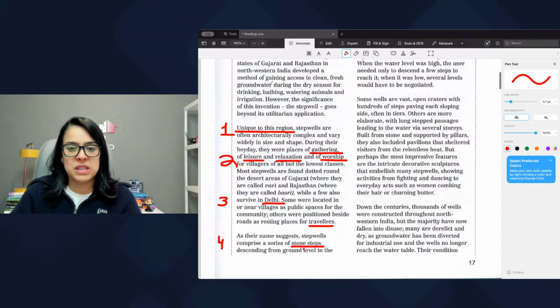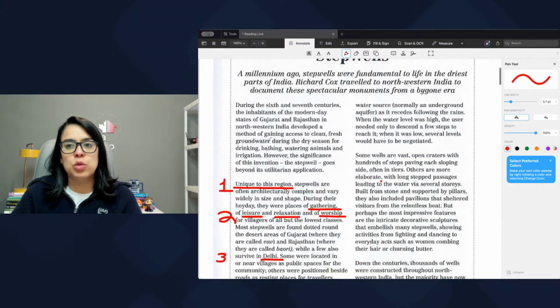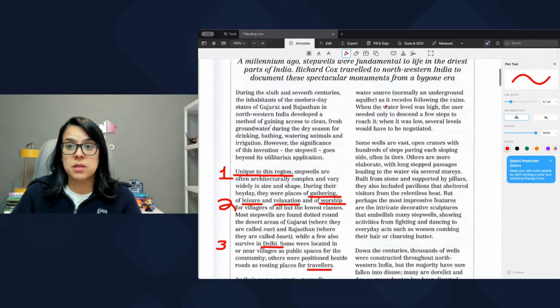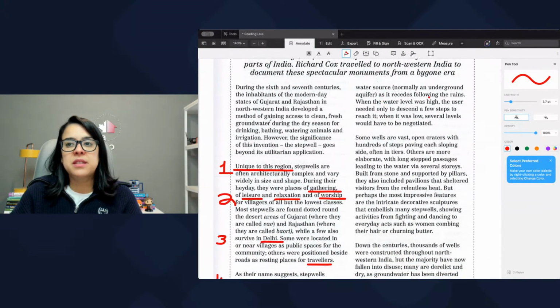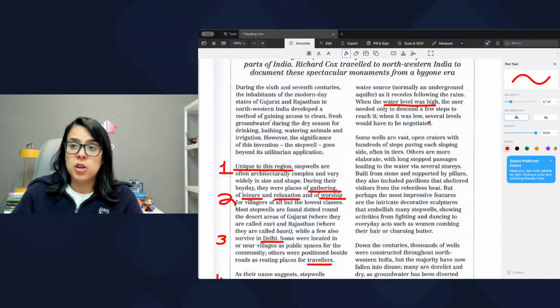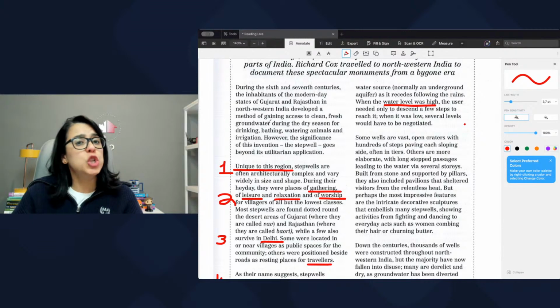So let's see, stone steps. As the name suggests, step wells comprise a series of stone steps descending from ground level to the water source as it recedes following the rains. When the water level was high, the user needed only to descend a few steps to reach it. When it was low, several levels would have to be negotiated.